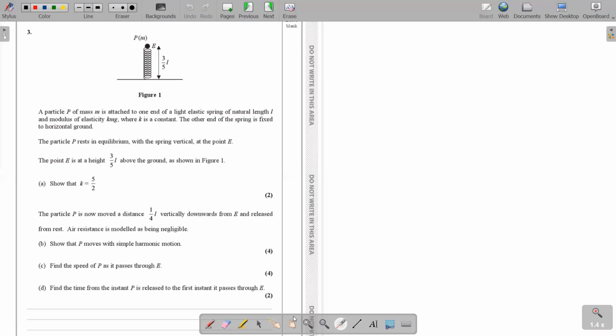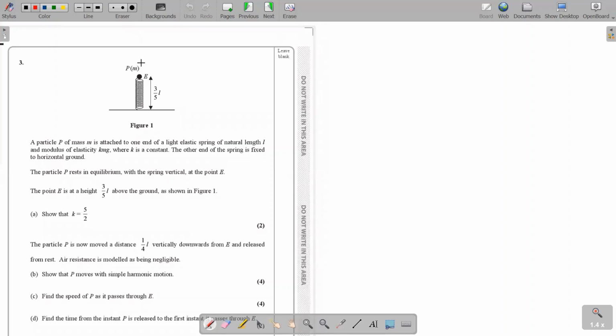So normally what is the process we do here? You can see there's a compression here because we have the natural length. Now here they have given the natural length is L, so this length here is L. Then how much of a distance has the particle displaced?